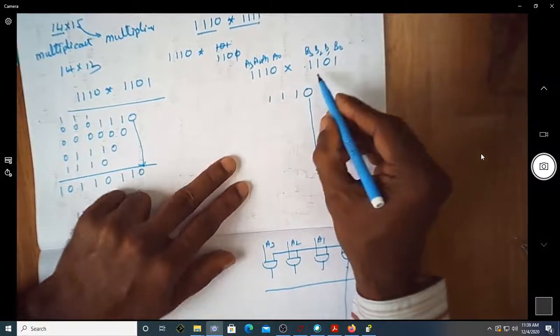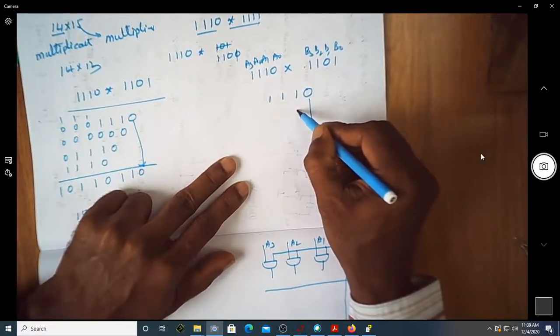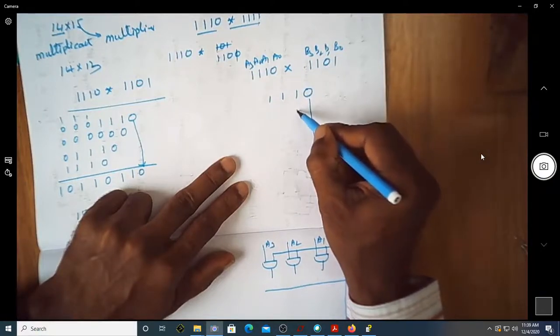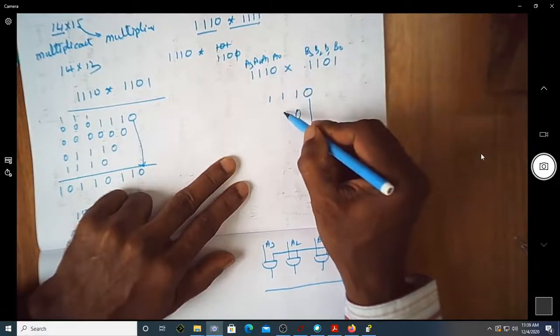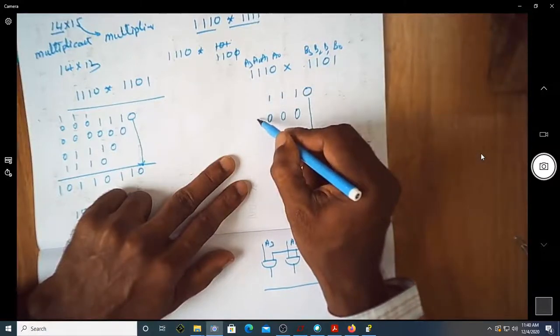So with b1 we have b1 with a0. Since b1 is actually 0, now it is 0: b1 AND a0, b1 AND a1, b1 AND a2, and b1 AND a3.